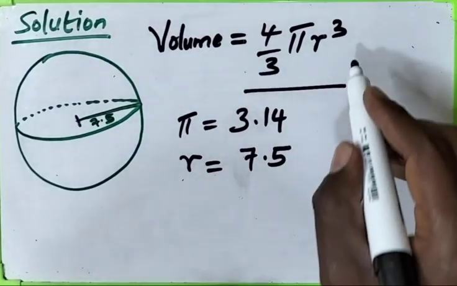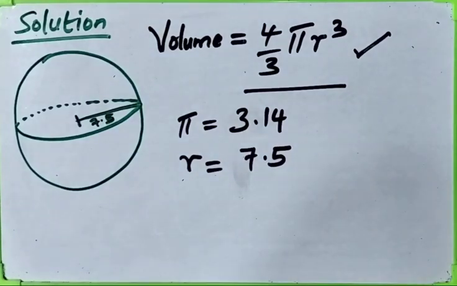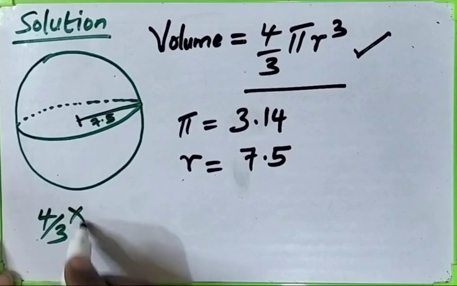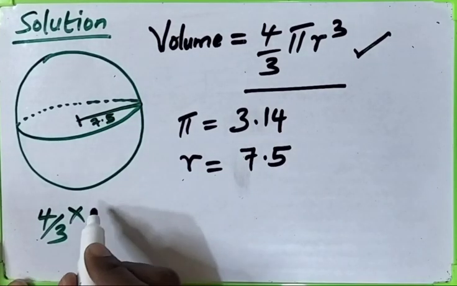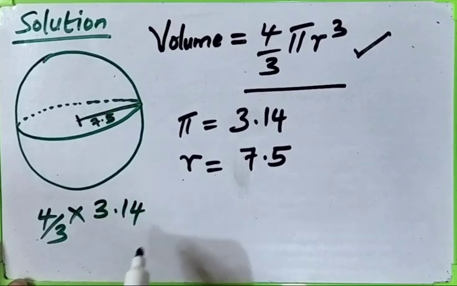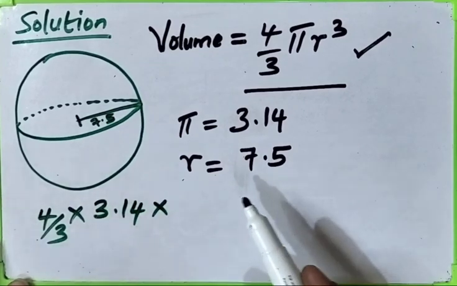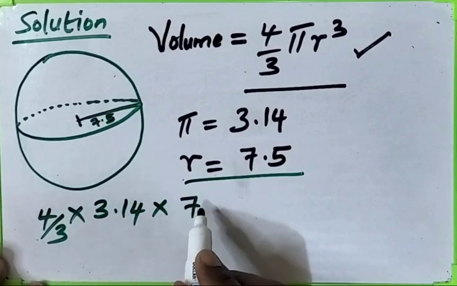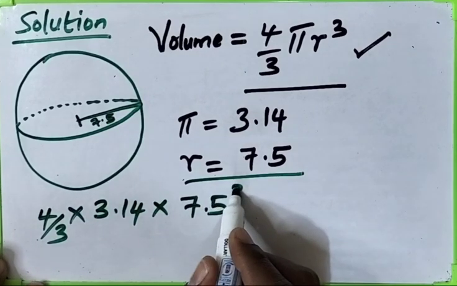So in the application of the formula, we shall have 4 over 3 times pi, 3.14, times radius 7.5 cubed, 7.5 power 3.